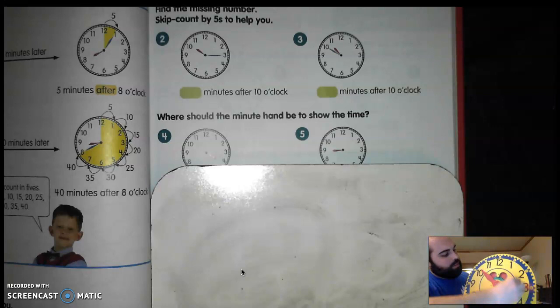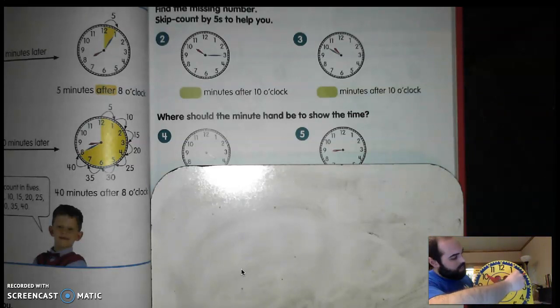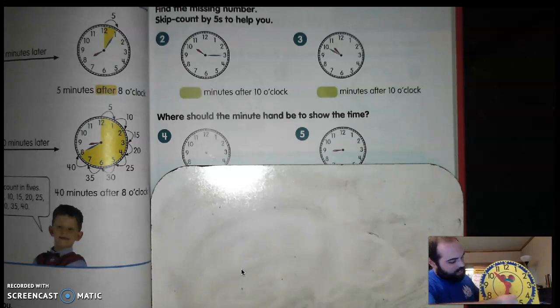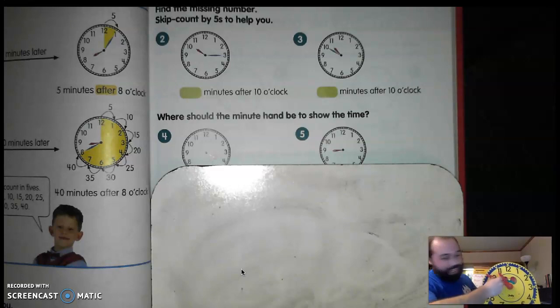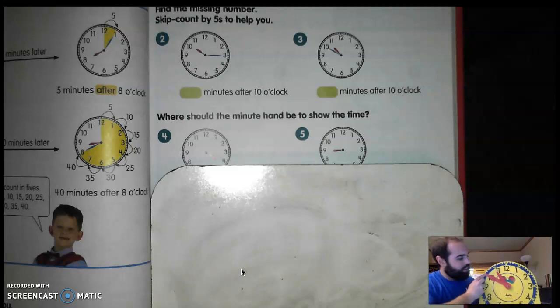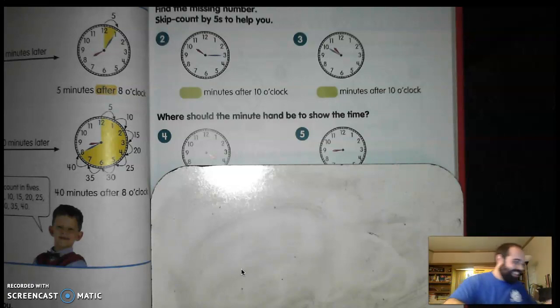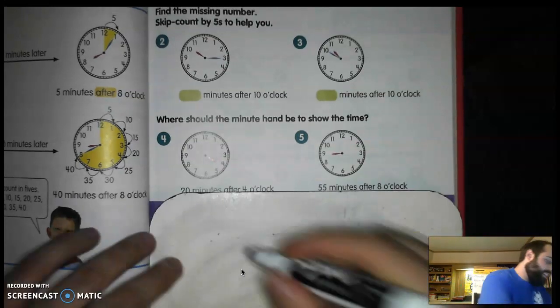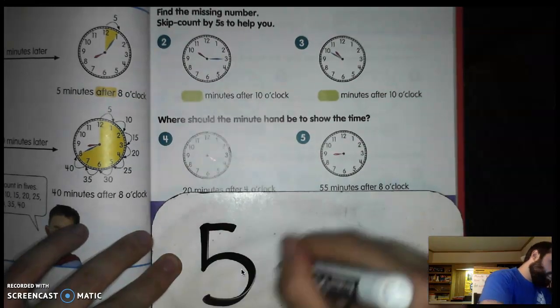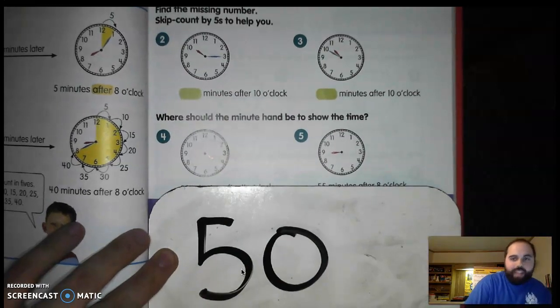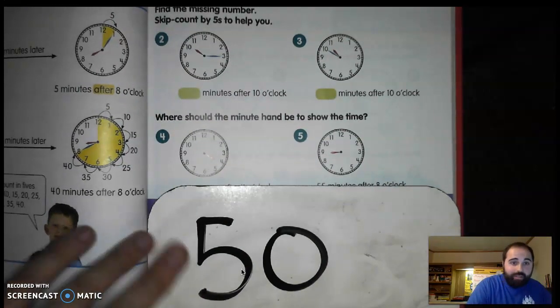Okay, so let's get back to 10 o'clock and let's skip count by fives. 5, 10, 15, 20, 25, 30, 35, 40, 45, 50. We are at 50 minutes past 10 o'clock. It did a whole bunch of jumping around, didn't it? So, that is 50 minutes after 10 o'clock.